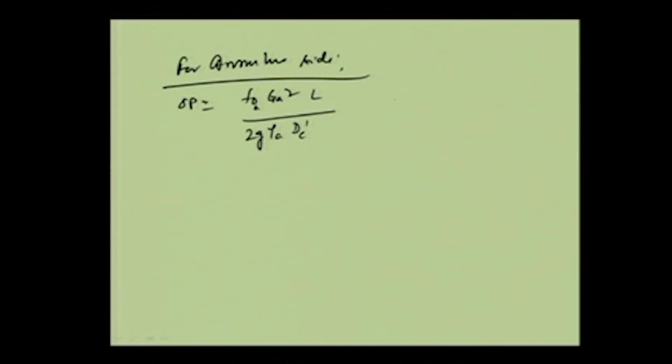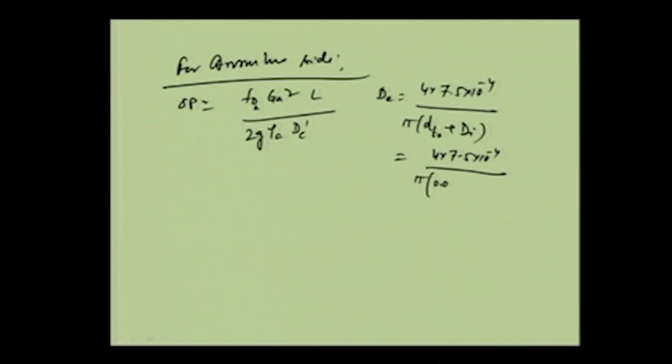So equivalent diameter is 4 into flow area 7.5 into 10 to the power minus 4 by the weighted perimeter, which is changing here, pi into DTO outside diameter plus DI inside diameter of the outer pipe. So this is now 4 into 7.5 into 10 to the power minus 4. This is very important actually, pi into 0.0254 plus 0.04. So this gives us 0.0145 meter.